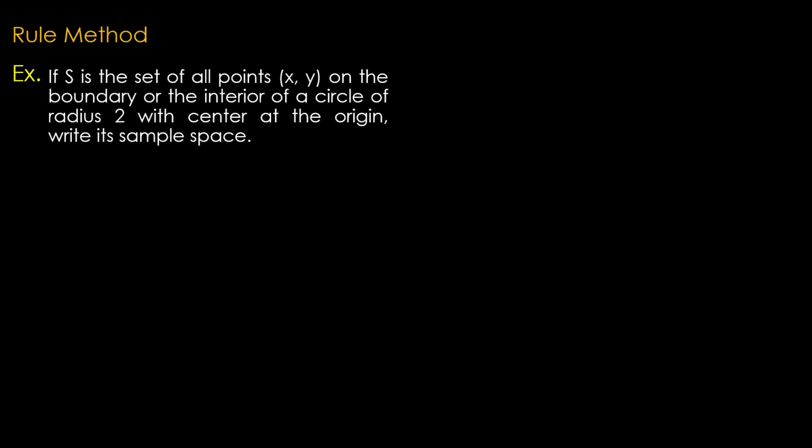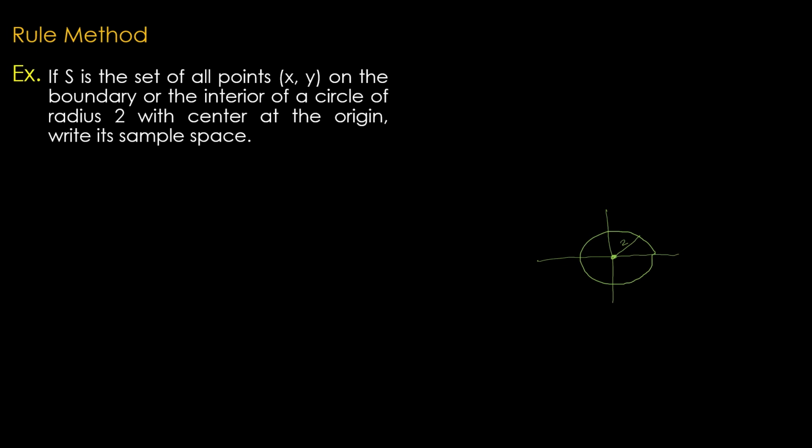If you have a Cartesian coordinate plane, you are to write the set of all points x and y on the boundary of a circle with a radius of 2.